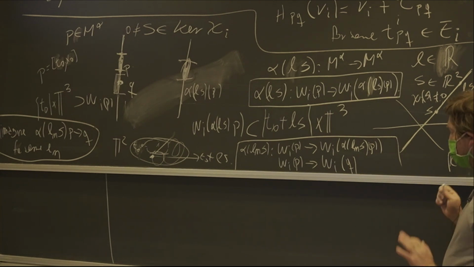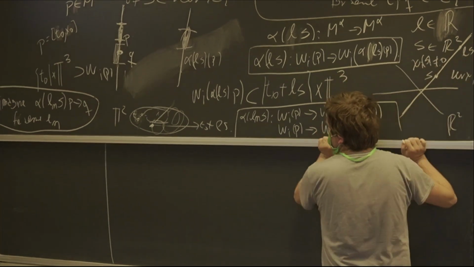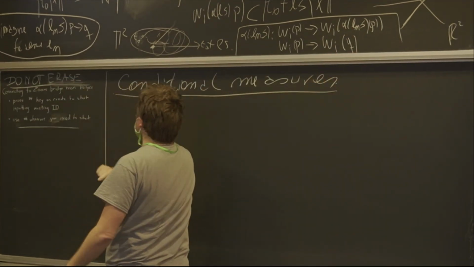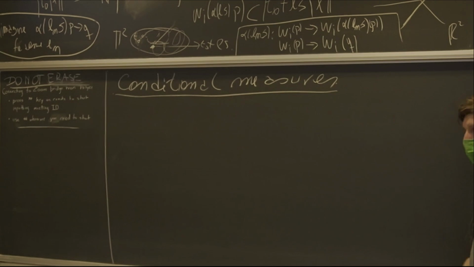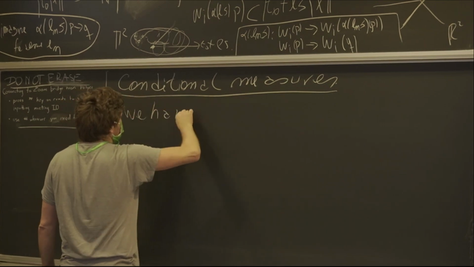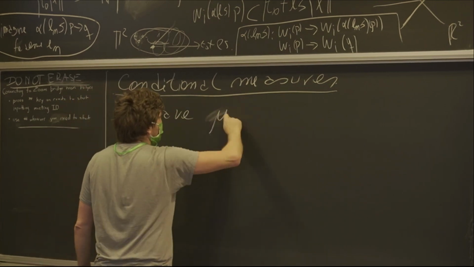Okay. So let's discuss conditional measures in this setting. Now I need to decompose the measure mu. So we have a measure mu on T3.